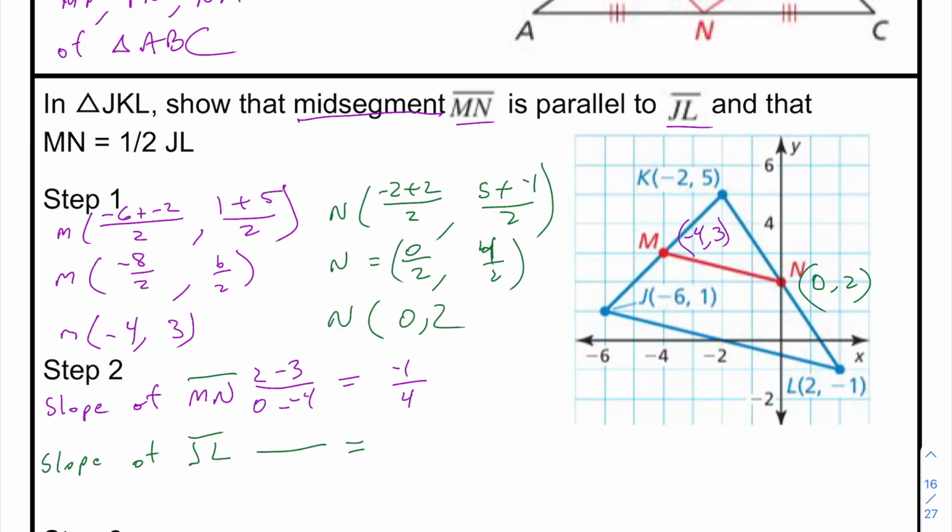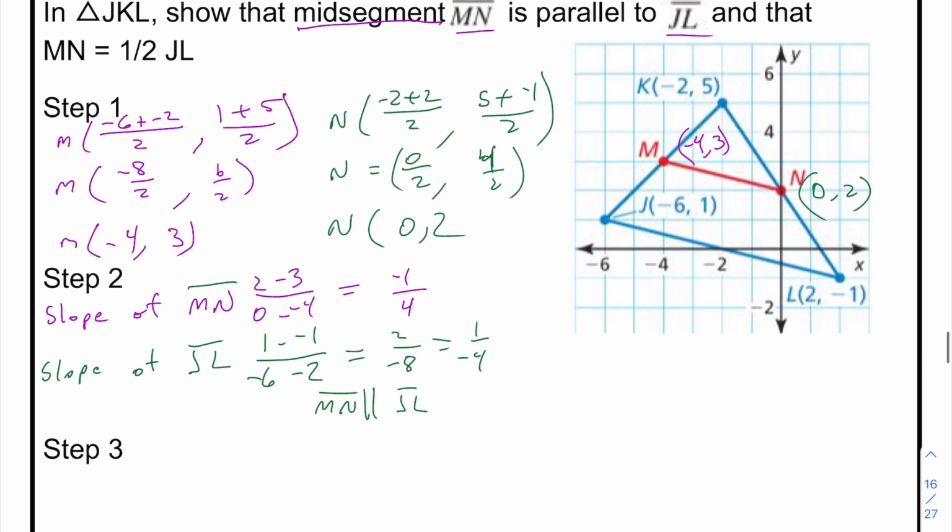We've got to have the change in y on top and the change in x on the bottom. So we get 2 over negative 8, which equals 1 over negative 4. So MN is parallel to JL. Slopes are the same, parallel lines.